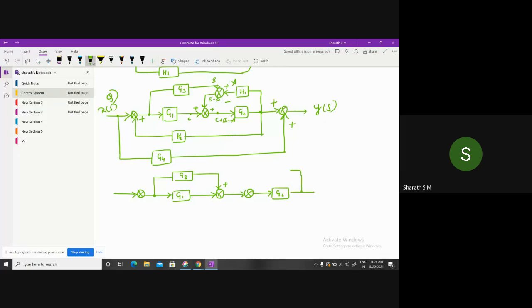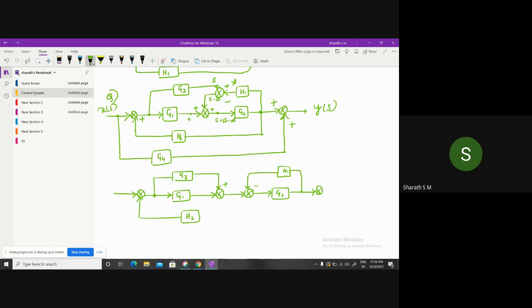And here we have an H1. Where do we need to connect H1? Sir, across the next summation point. For the symbol here, positive or negative?